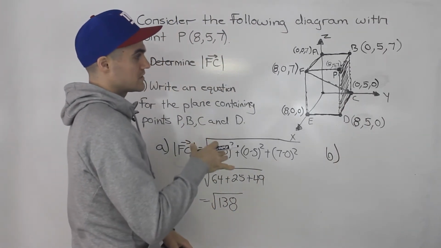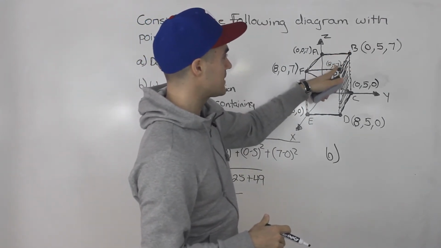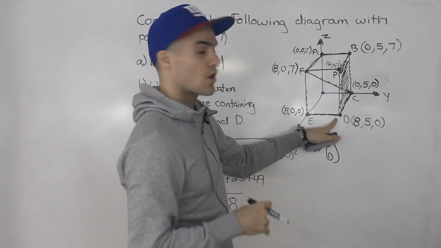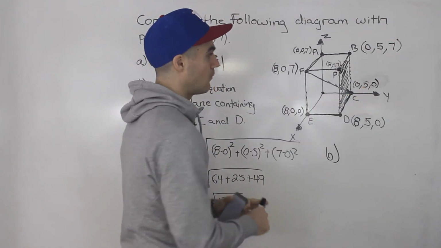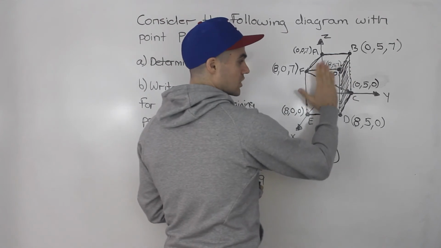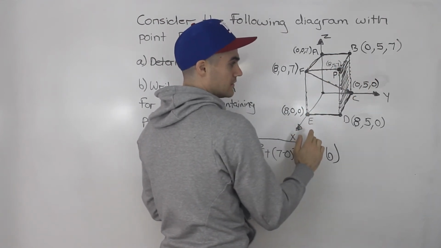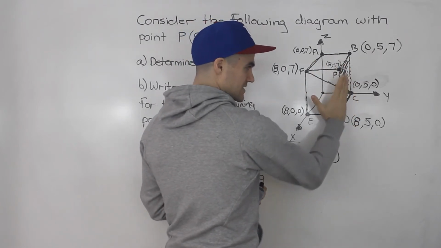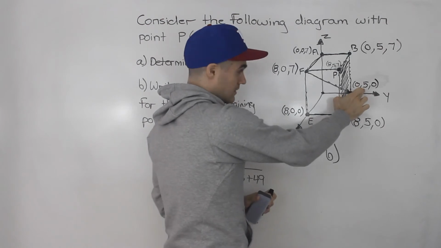Well, if you remember when we were discussing it before, we said that this face, point P, B, C, and D, it's always going to have a y value of 5. Right? That y value of 5 is constant for all points on that plane, right? Because that plane is sort of sticking out of the y-axis at 5.